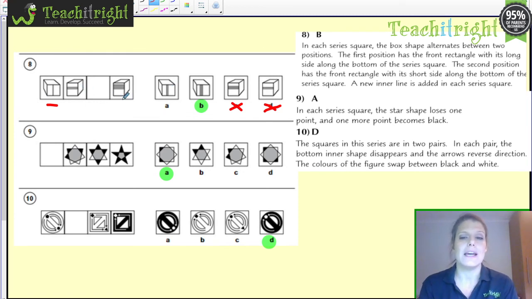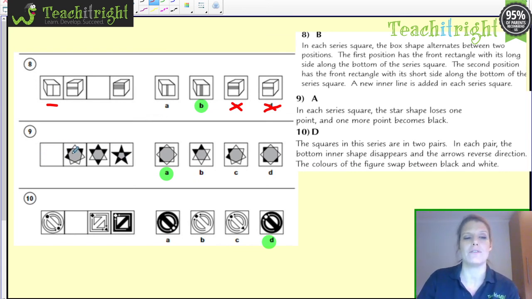9, this was A. The star loses 1 point as it moves along the series, and 1 more point becomes black. So if you count the number of points from right to left, this one would have to have 1 more point in, and 1 more point was becoming black from left to right.